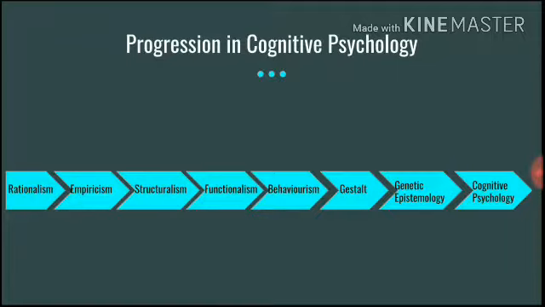Now, if we look at how cognitive psychology came into existence, we'd definitely have to go back to its most philosophical roots, where we're actually talking about Aristotle and Plato. So, Plato and Aristotle. Now, consider the significant emphasis that Plato laid on being logical and being a rationalist, right?